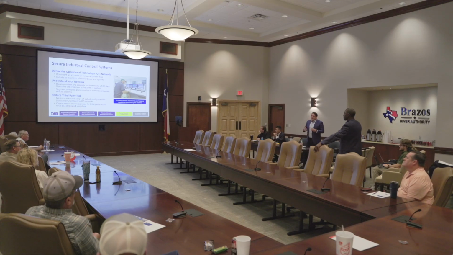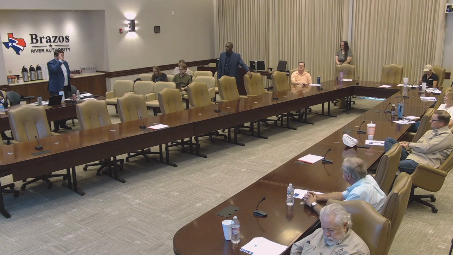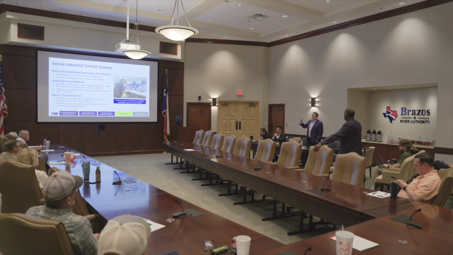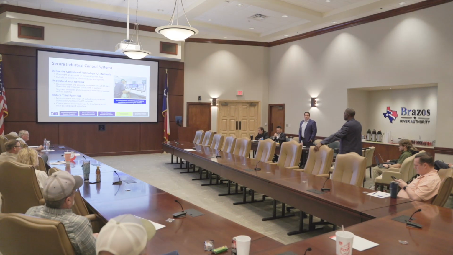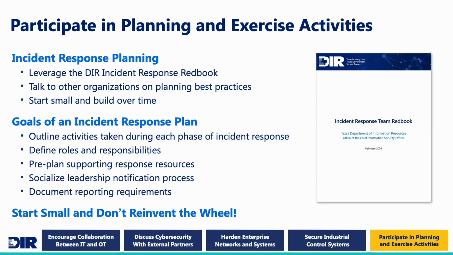So having good documentation and understanding what's on your network is a valuable investment of time. It can be value added for any OT operation system. A lot of times those systems were built 10, 15 years ago and are still operated day to day, so it's good to take a look and refresh that every once in a while.